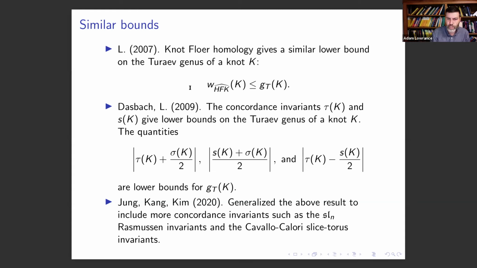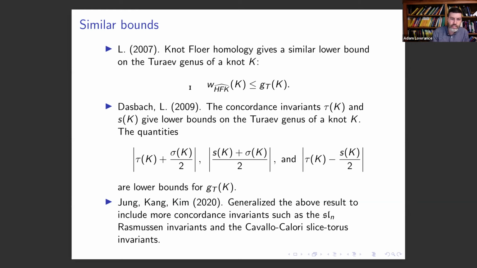The advantage of the lower bounds in the middle one is that sometimes they can be easier to compute, right? Especially if the knot is very close to some knot that is positive. So tau and s both have really easy computations for positive knots.